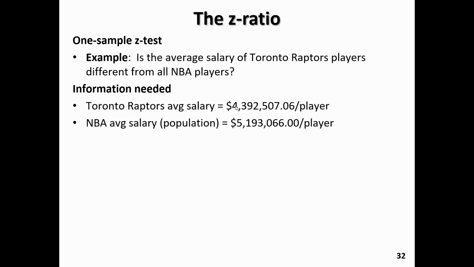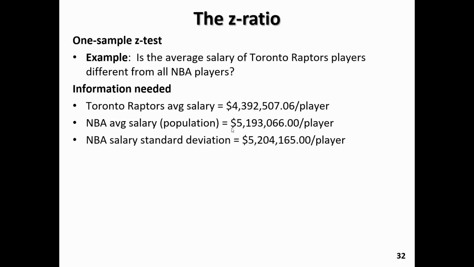player. We can see here that on average, the Toronto Raptors' average player got paid less than the entire population of NBA players. But what's important to note here is that the standard deviation, which is also available for the entire population of NBA players, is actually slightly greater than the average salary, at $5.2 million per player.